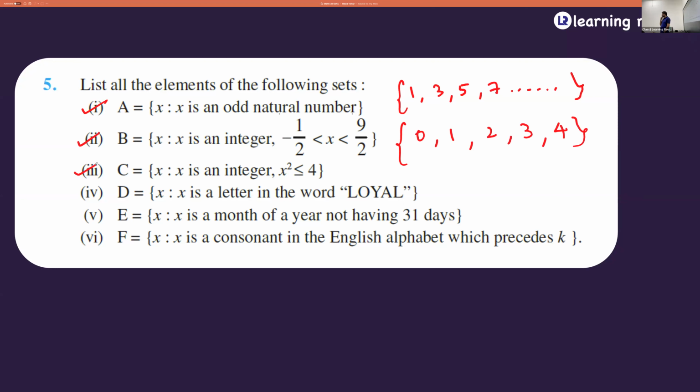Third one, C is equal to x such that x is an integer and x square is less than or equal to 4. You will have minus 2, minus 1, 0, x square minus 4. Okay, see, this part alone I want to explain.